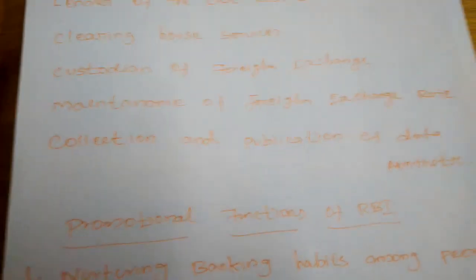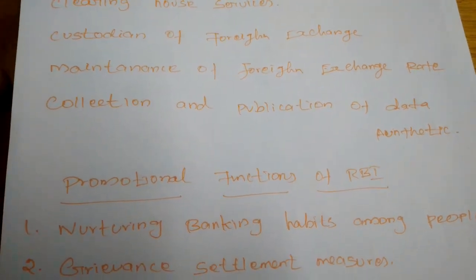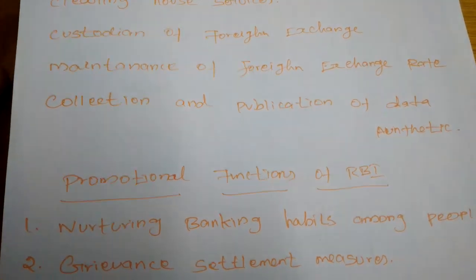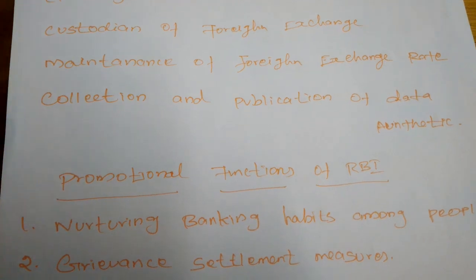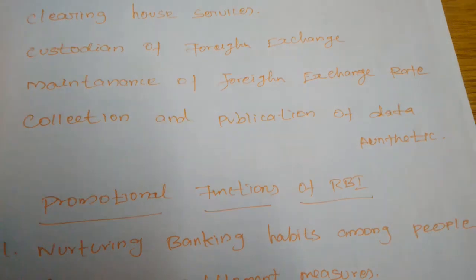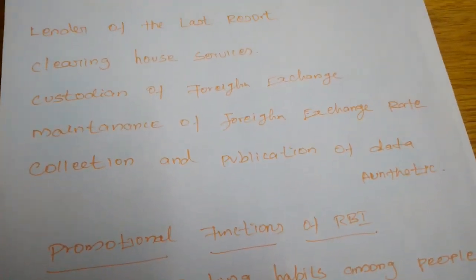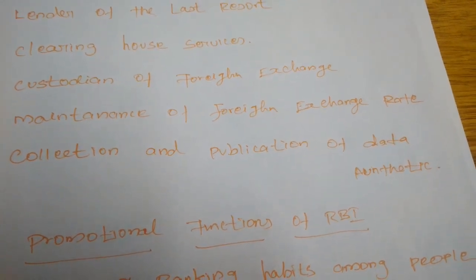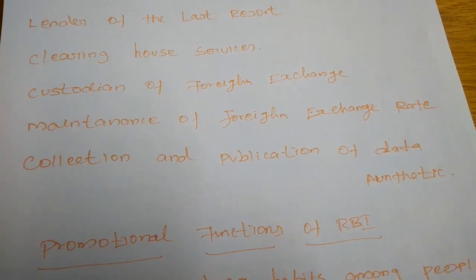Next, the collection and publication of authentic data. RBI has also been entrusted with the task of collection and compilation of statistical information relating to banking and other financial sectors of the economy. All other financial sectors have to issue their audit and have to take up some research analysis.